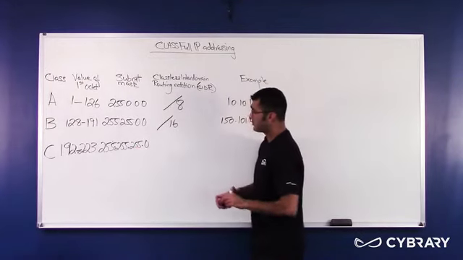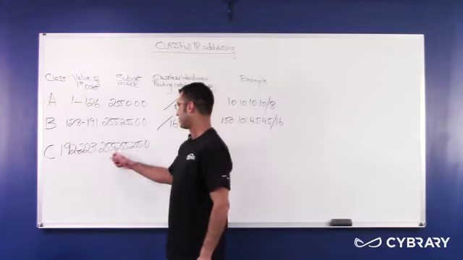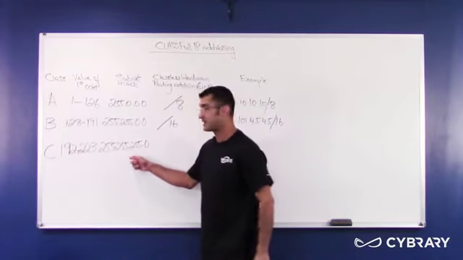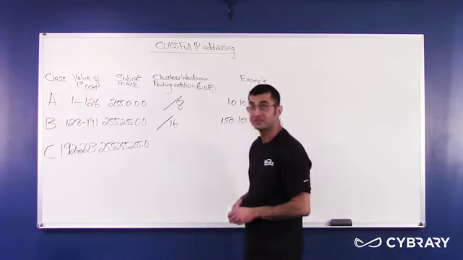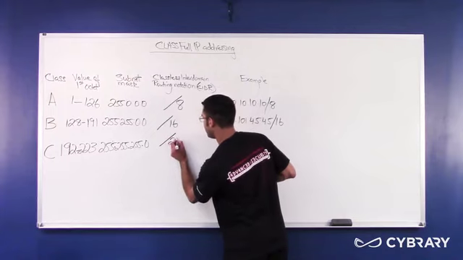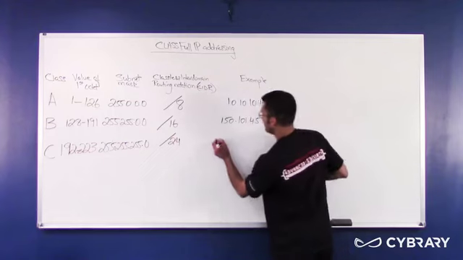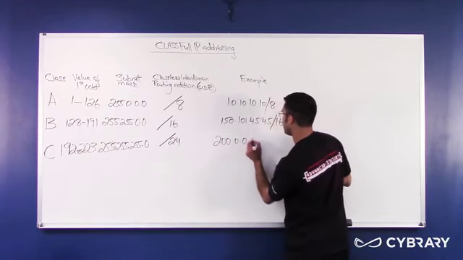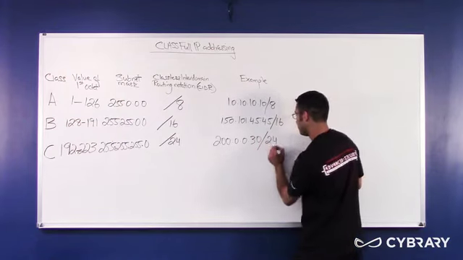What would the CIDR notation be? Well, the first octet is all on, which is 8 bits. So is the second octet, which is again 8 bits. So is the third octet, which is again 8 bits. 8 times 3 is 24. 24 total on bits in the subnet mask. So I can say /24. As an example, I can say 200.0.0.30/24.